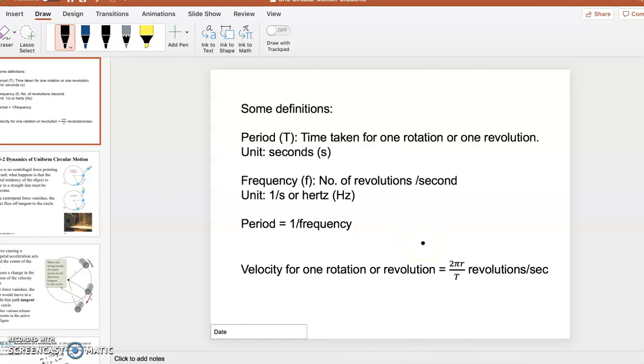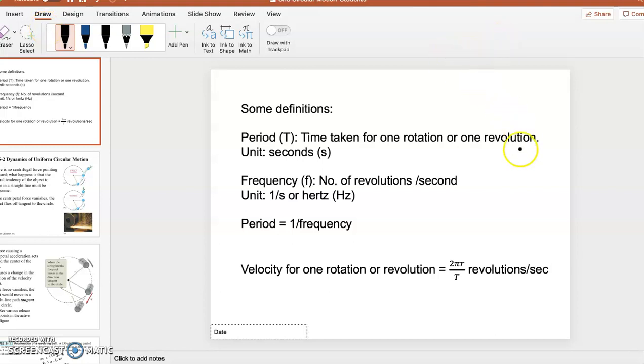Okay, guys. I just want to stress one point. The last example in the previous video had time and frequency, and it asks us to find the velocity that the car can keep without slipping on the curve on a horizontal circle.